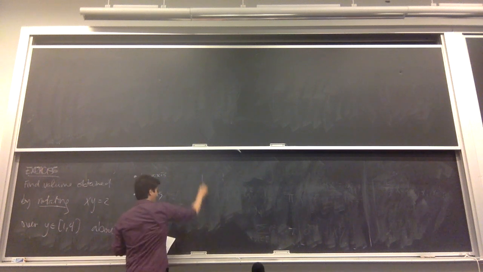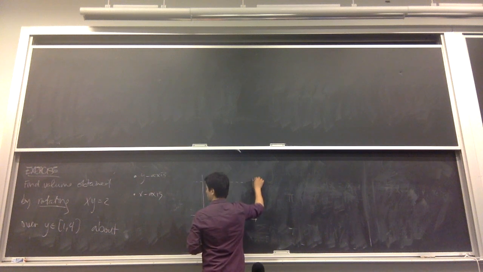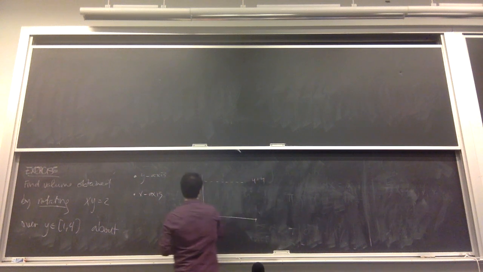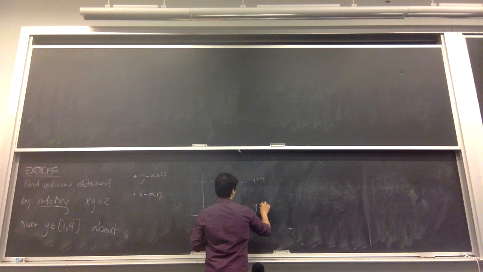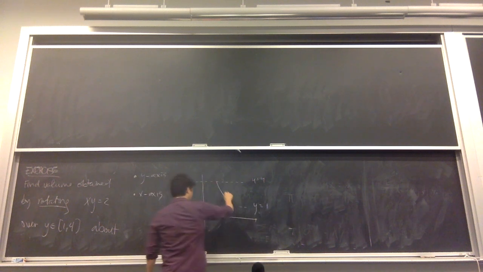And the shape looks something like this. So you're going to go from y equals 4 to y equals 1. The shape itself looks something like this.